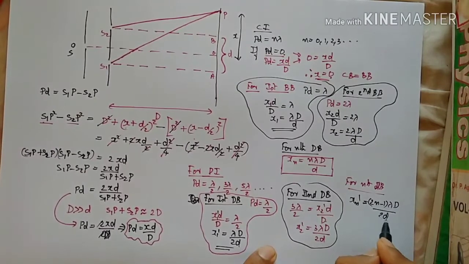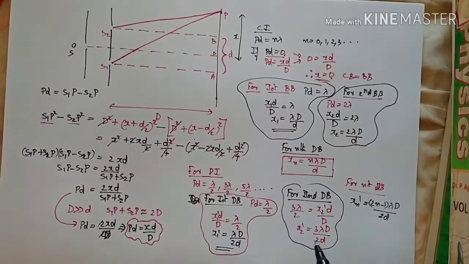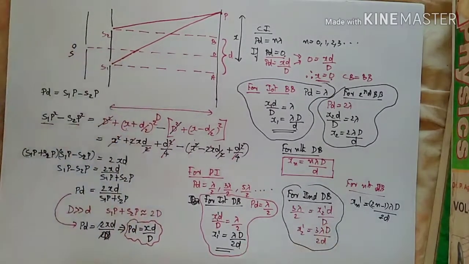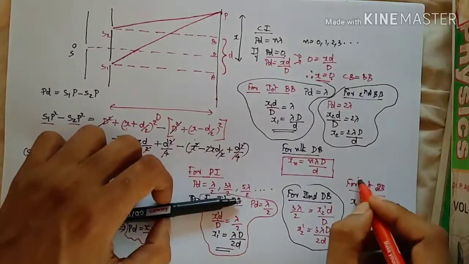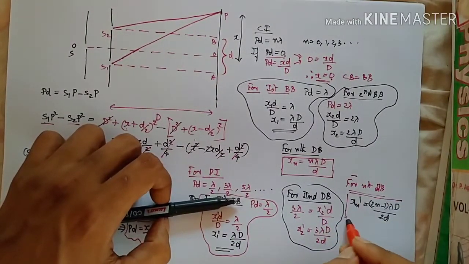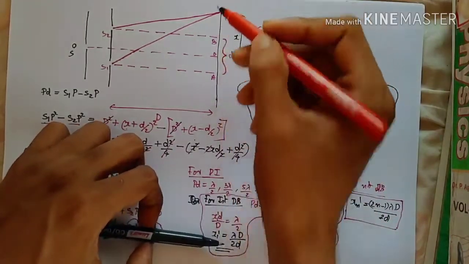We have to check whether this equation is correct. How can we check? Substitute n as 1, and if we get the first equation, this is the correct equation. If n is 1, 2 into 1 is 2, 2 minus 1 is 1, lambda D by 2d. Therefore, this equation makes sense. Therefore, this is the equation for the distance from the central band to the nth dark band, xn dash.